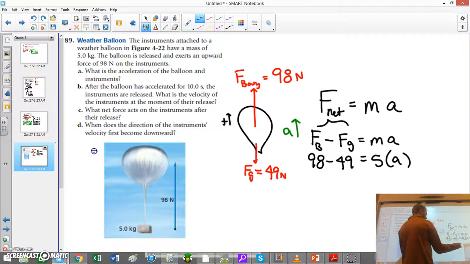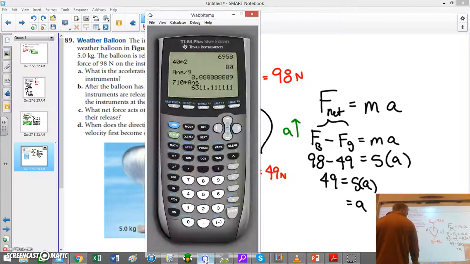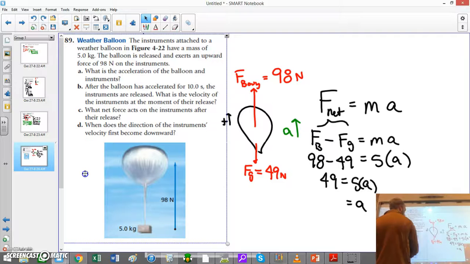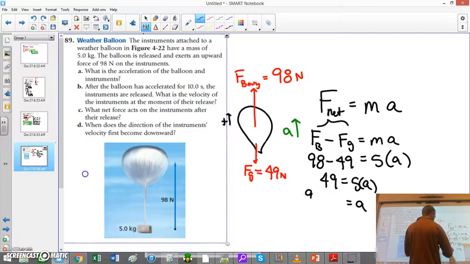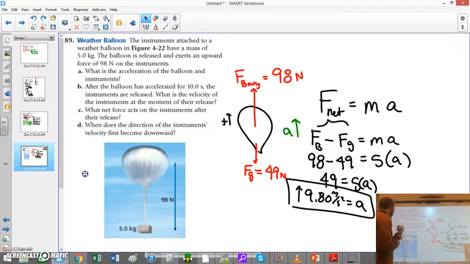So 98 minus 49, I think, is just 49. So I take 49 divided by 5. It's probably like 9 point something, 9.9. 9.8. Well, that's weird. It's going to accelerate that way at 9.8, so it's almost like a reverse gravity.